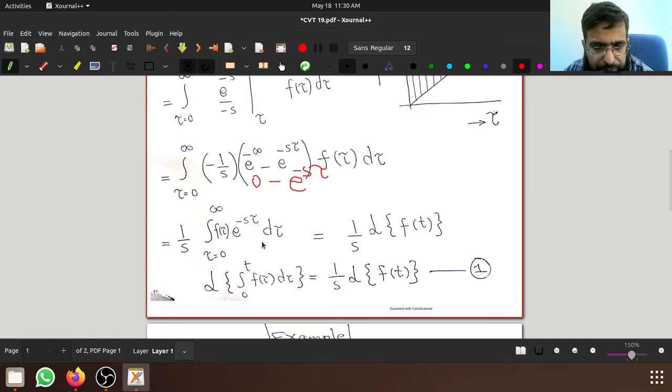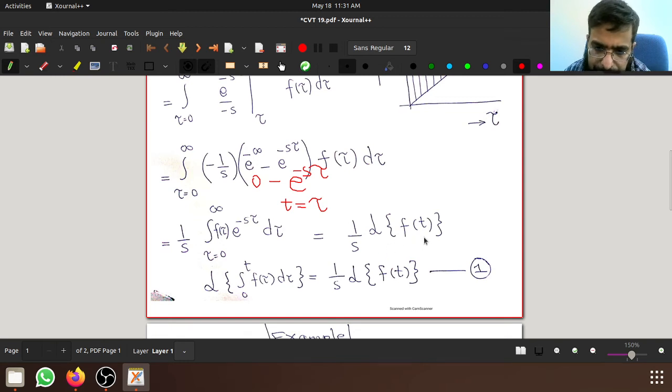So by definition, if we change the variable from tau to t, if you want, you can have a change of variable here. Let's define a variable t that is equal to tau, and that change of variable will replace every tau with t. These 4 taus will be replaced with t, and you see this is the definition for Laplace of f of t.